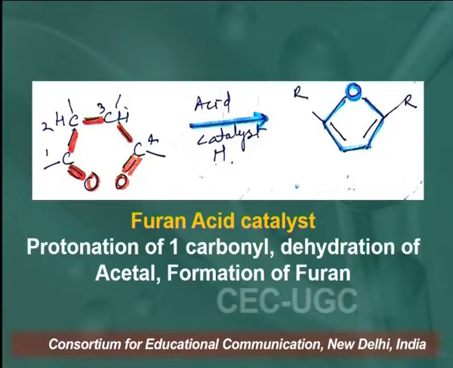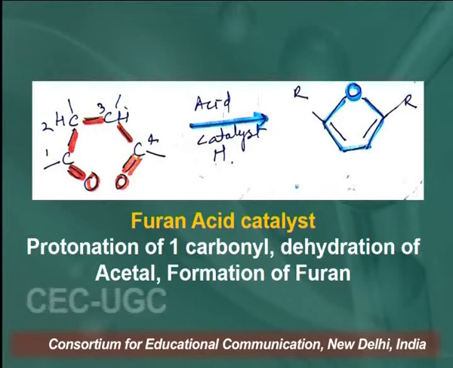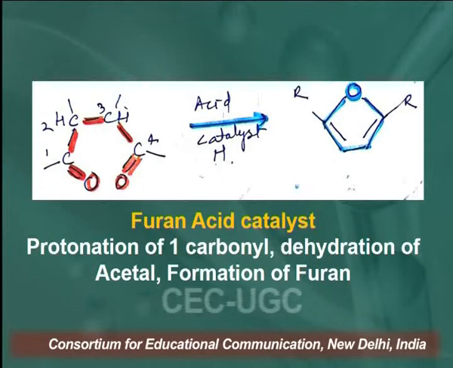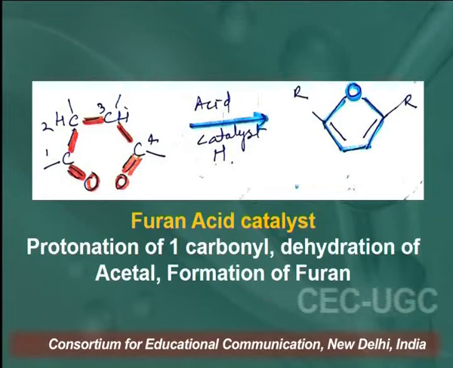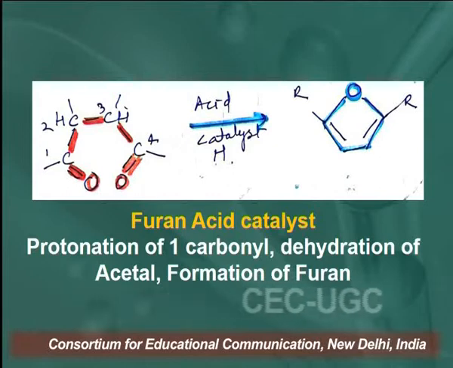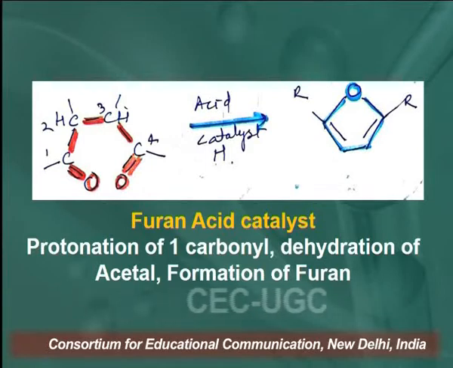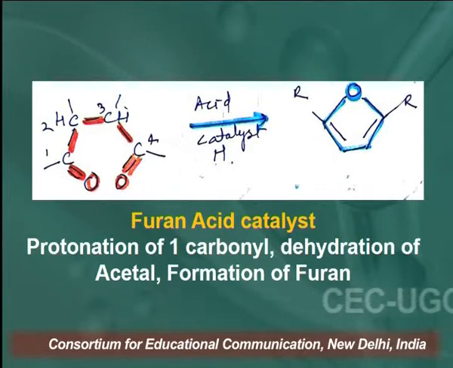In the presence of an acid catalyst, we get a cyclic compound, a furan derivative. Protonation takes place at the carbonyl oxygen of one carbonyl, carbon number 1. After protonation, then dehydration, we get ring formation, acetal ring formation, that converts into furans. So this is a very important method. We will discuss the mechanism also.